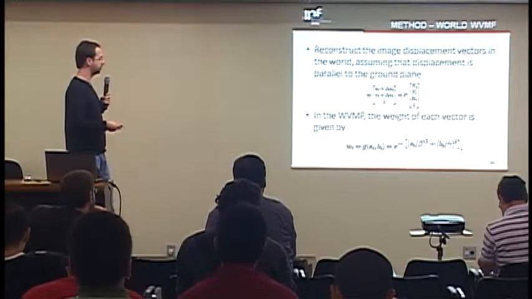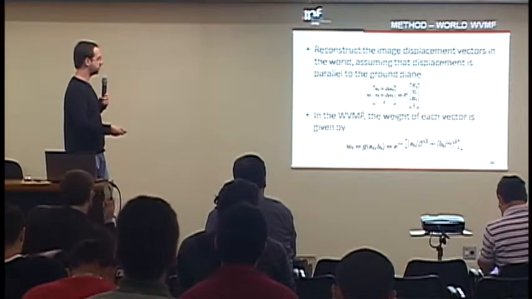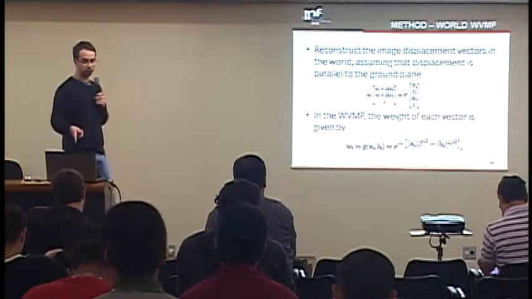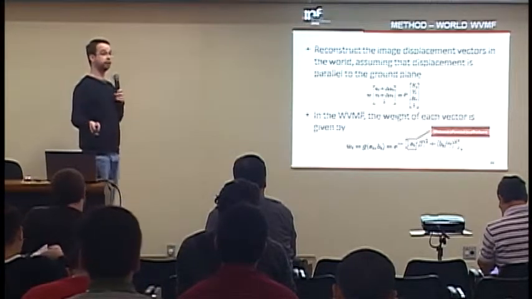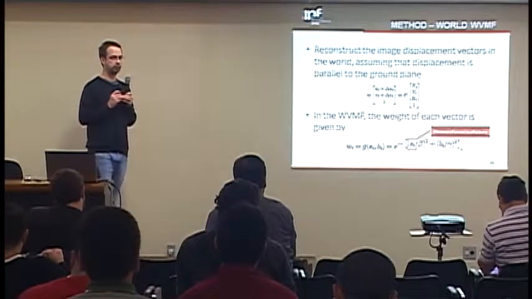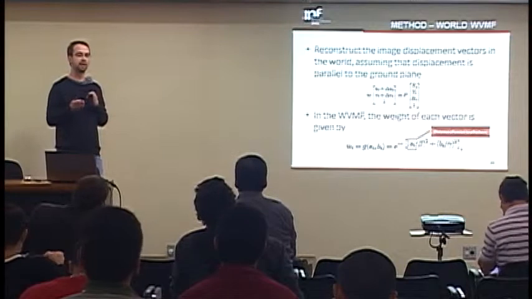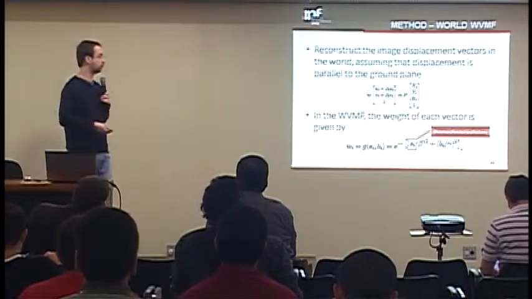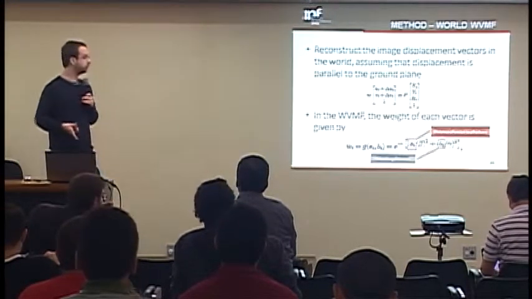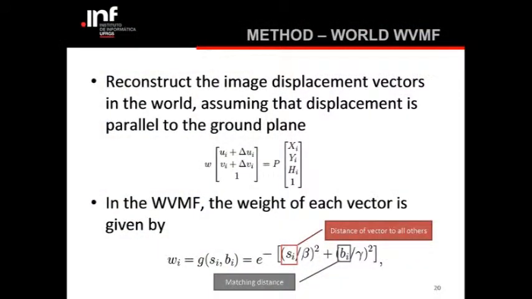And the WVMF is going to associate a weight to each of these vectors. So this weight is this equation here, depends on two things. First thing is the distance from the vector to all others. This is because if the vector is too distant from the others, it means that it's an outlier. So the weight is going to drop. The same thing is going to happen if the match distance is too big.